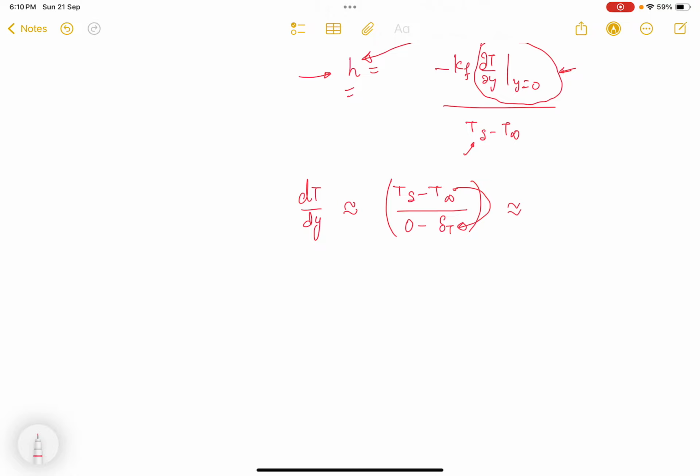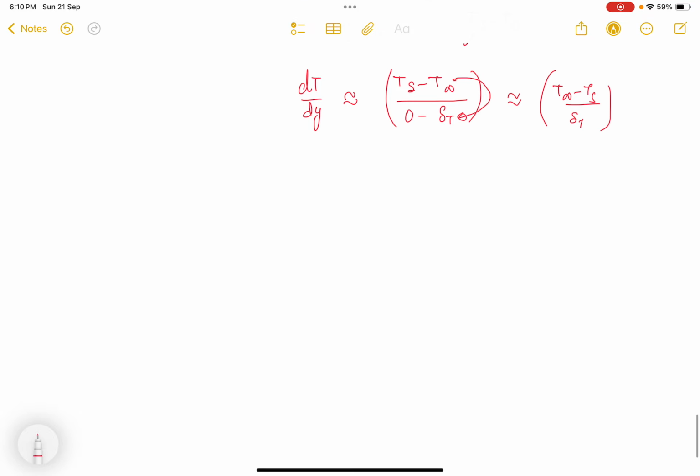So approximately it will be like T infinity minus Ts divided by delta T. So if we equate with this, Ts minus T infinity equal to minus Kf dT by dy at y equal to 0, we will get h as approximately Kf by delta T, right?